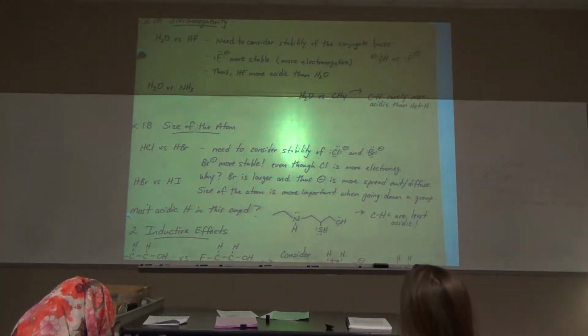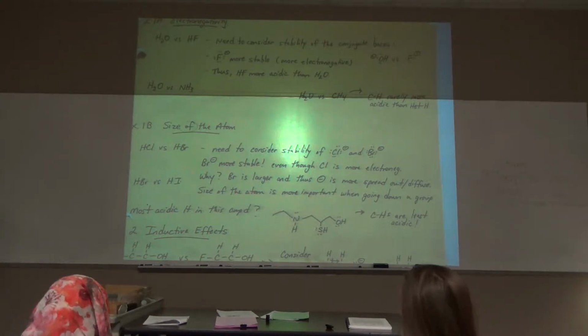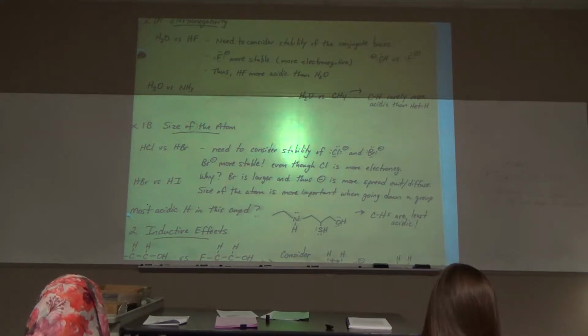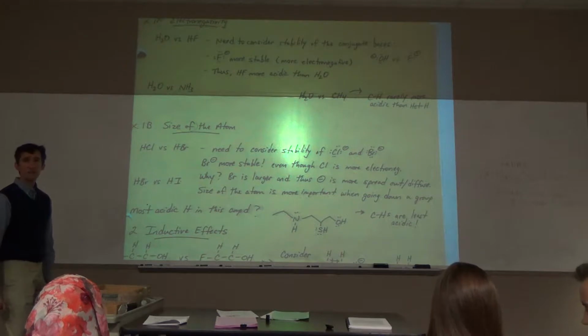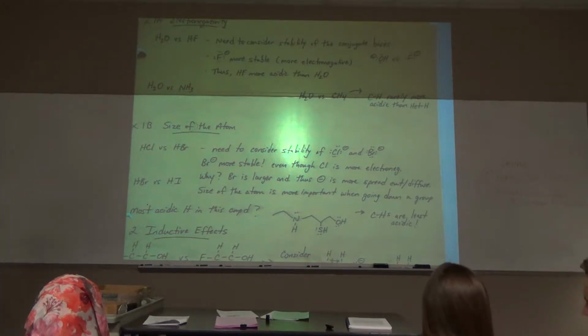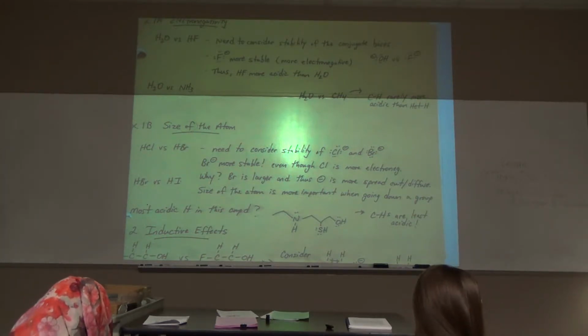Why Br? Cl is more electronegative. Yes, Br is actually more stable here, because size of the atom trumps electronegativity when you're in the same group.